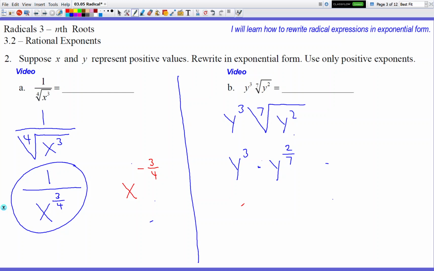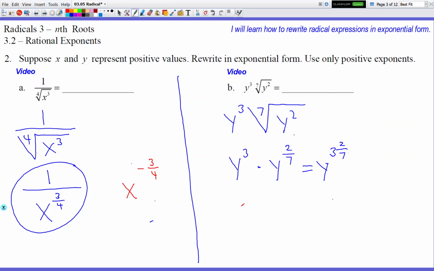When you have the exact same base, they both are base y, all you have to do to the powers is add them. So you go 3 plus 2/7, and you get y to the 3 and 2/7 power.